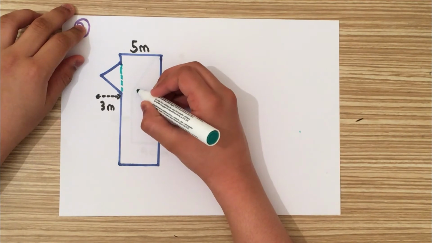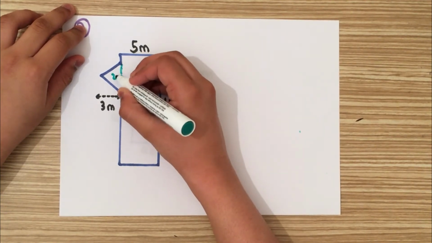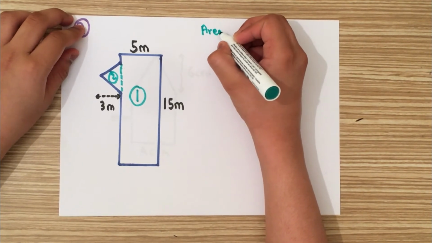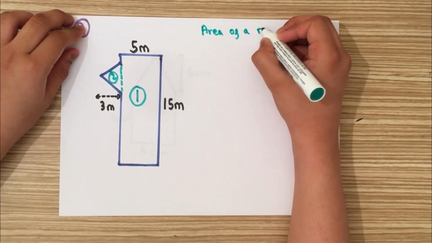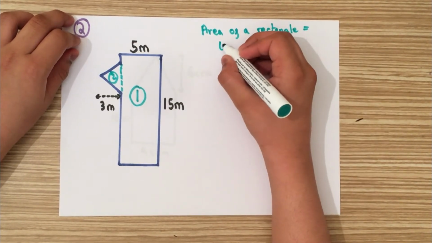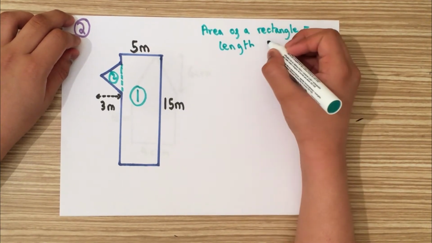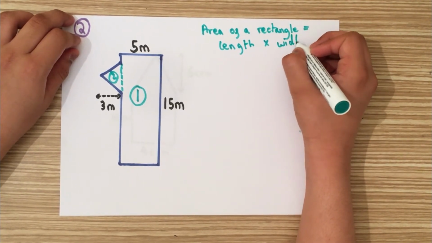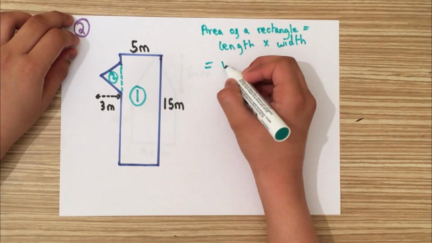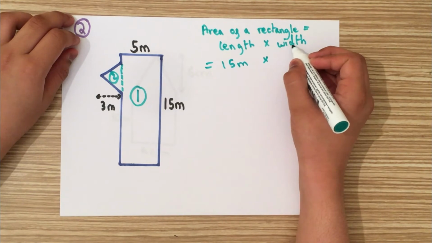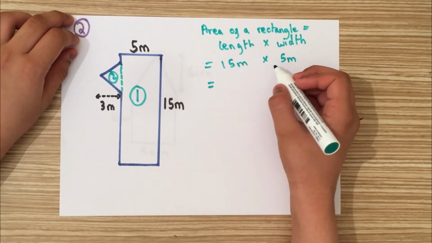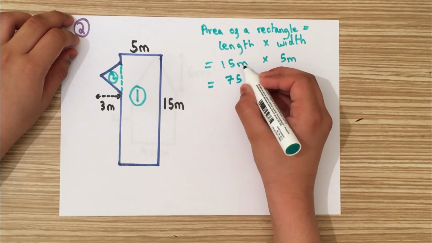If we take the rectangle as 1 and the triangle as 2, let's state that the area of a rectangle is equal to length multiplied by width. Here the length is 15 meters multiplied by the width, which is 5 meters. So 15 times 5 is 75 meters squared.